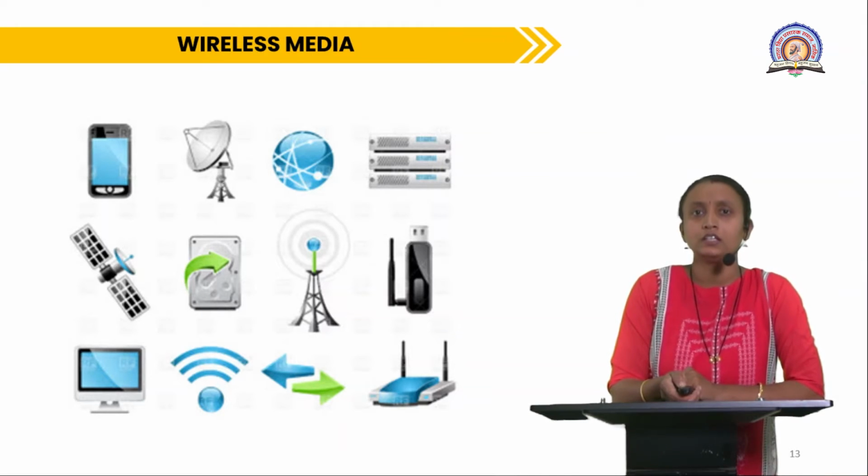And the third one is the infrared, which ranges from 300 gigahertz to 400 terahertz. Out of these three, the infrared cannot penetrate the walls. One of the best examples of infrared is the remote control used for the TV.